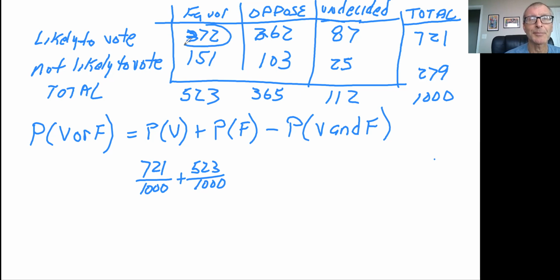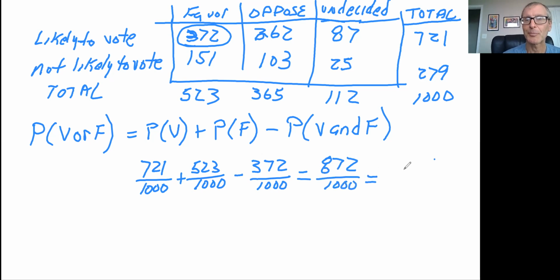So this number is the overlap, and you would subtract 372 over 1,000. You get out your calculator and you would end up with 872 over 1,000. And say we did 3 decimal points, that would be 0.872.